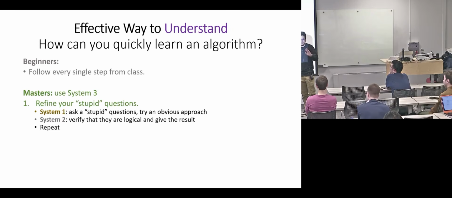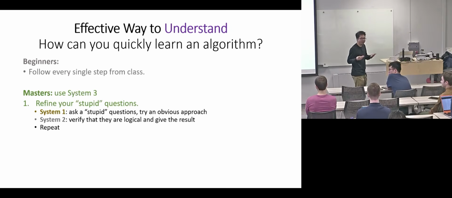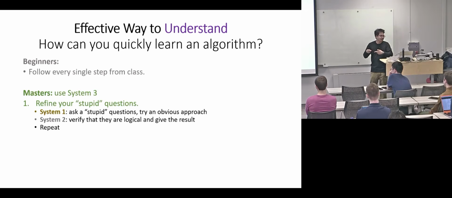And stupid questions are really welcome in this class, by the way. Keep asking obvious questions. Why don't we just do this? Why don't we just do that? Try the obvious approach. And once you ask this, you can use System 2 to verify whether they make sense or they give you something that is good enough already. This interaction between System 1 and 2 will refine your stupid question until you get a correct answer.